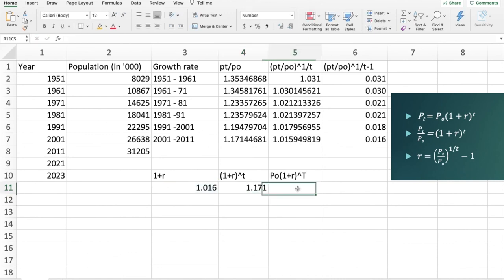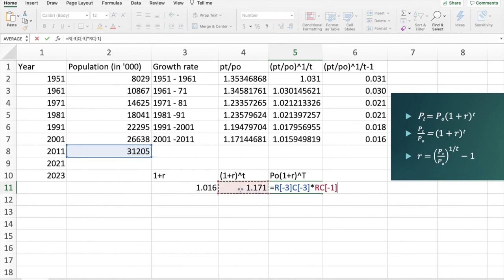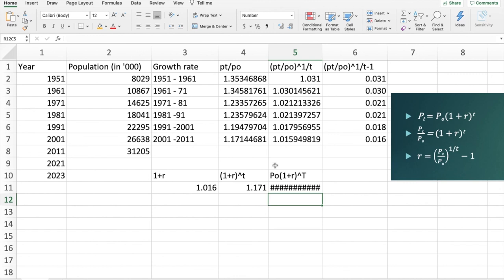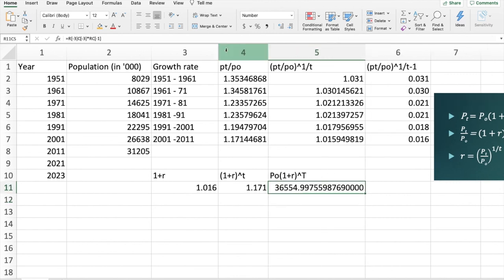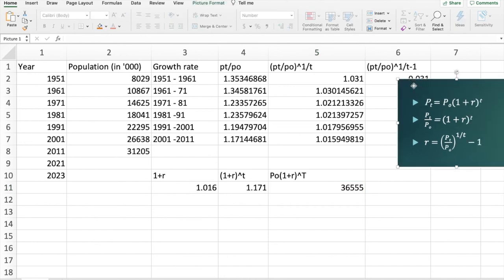Now our P naught value is which one? This P naught is our base year here. So we select this one, then multiply by 1 plus R to the power T. So we get the value. So this is our population. Ignore the decimal point here, as population cannot be in decimals. So this is our projected population for 2021.